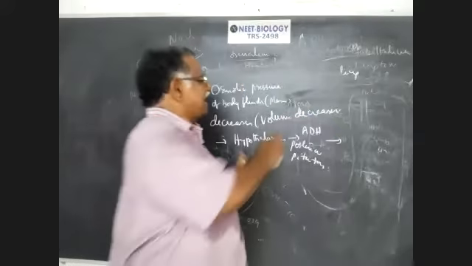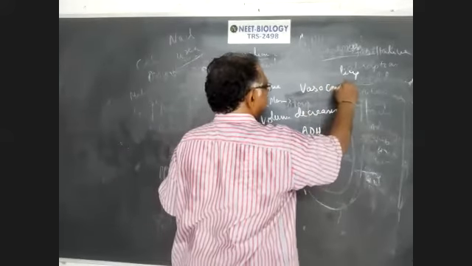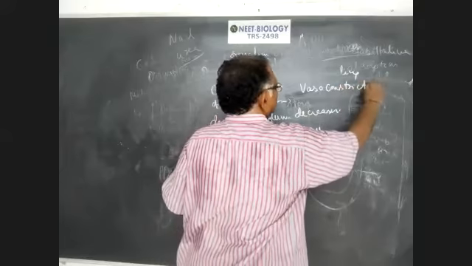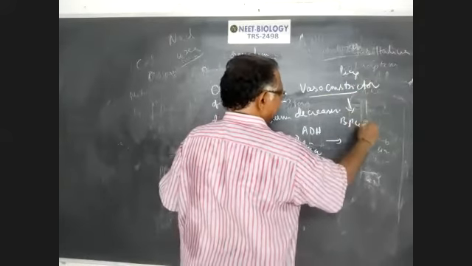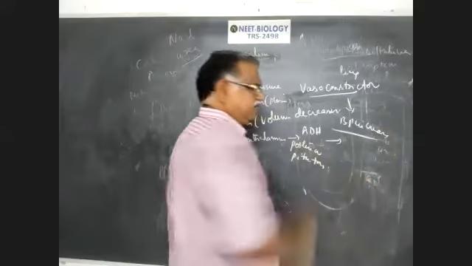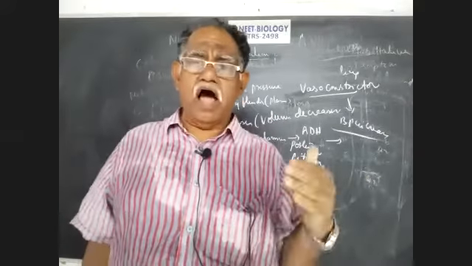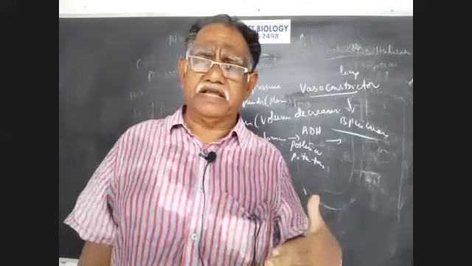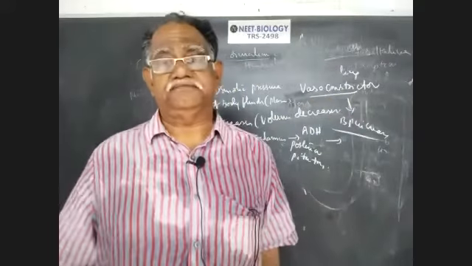So ADH acts as a vasoconstrictor. By vasoconstriction, blood pressure increases. If at all blood pressure decreases, immediately it is increased by the secretion of ADH.